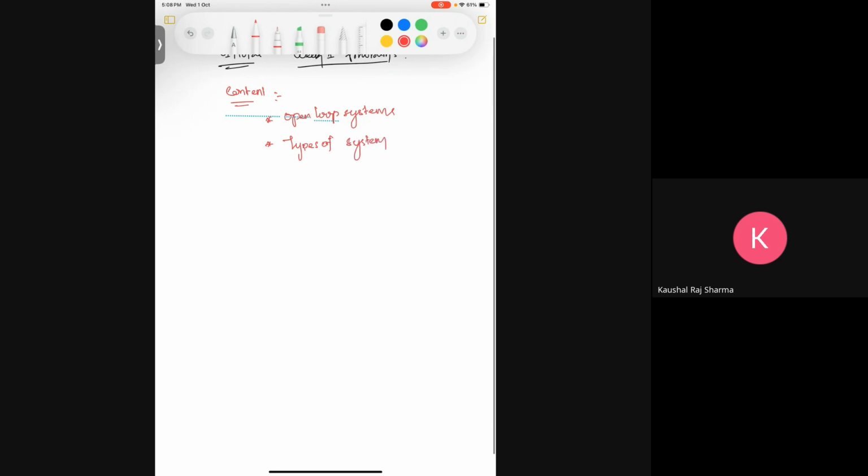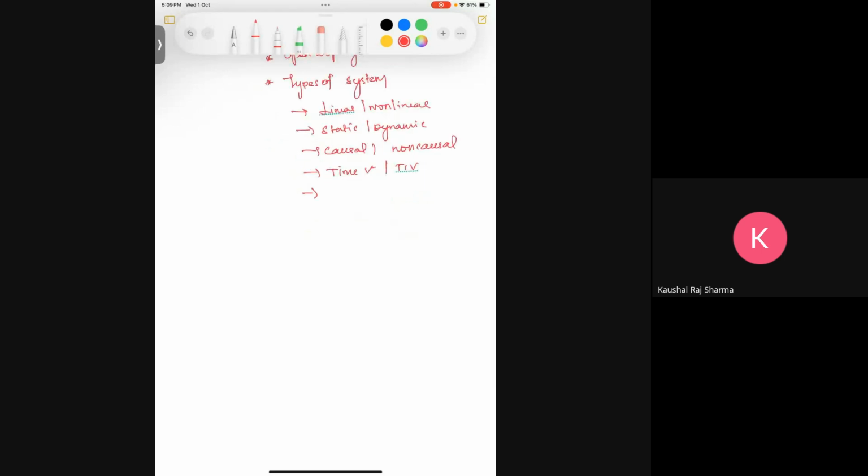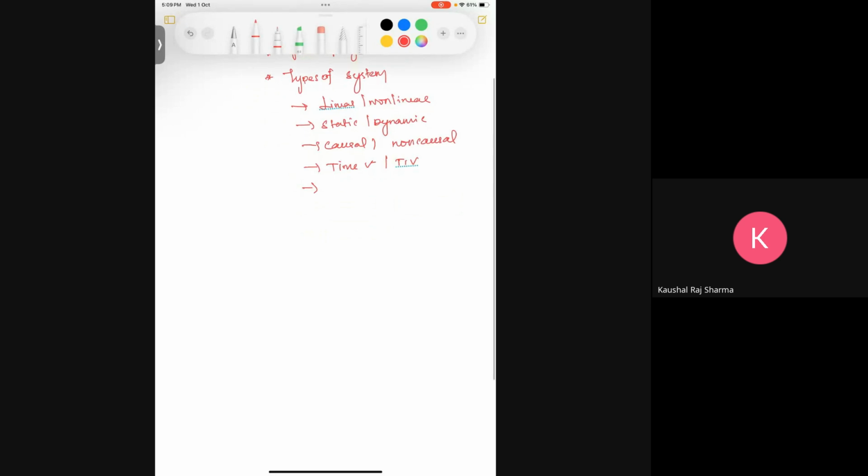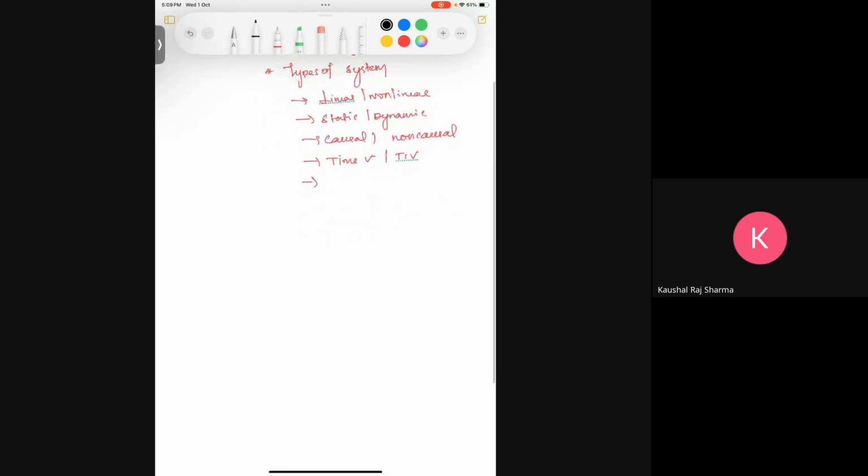Under this we have many categories like linear, non-linear, static versus dynamic, causal, non-causal, and time variant versus time invariant. If we come across something else, we will add those things here. Right. So I want to solve a few problems based on this, and I will start with some simple problems.